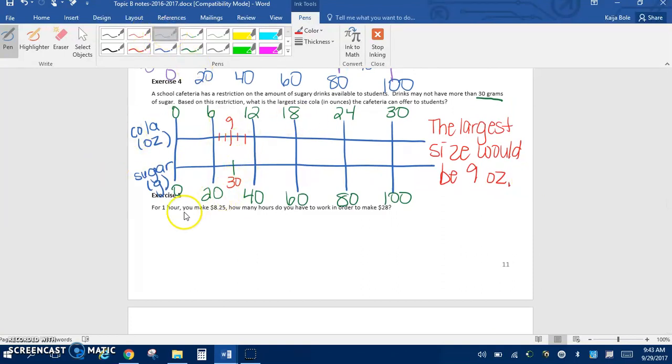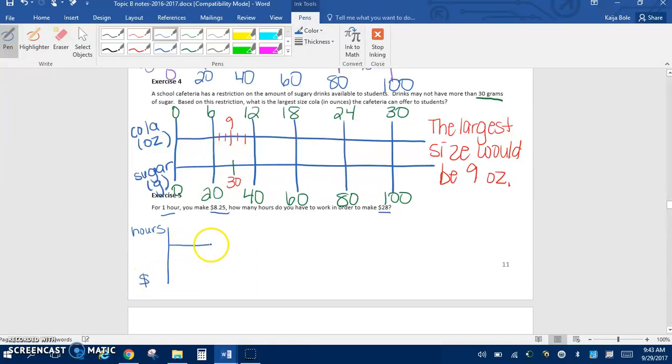It says, for every 1 hour, you make $8.25. How many hours do you have to work in order to make $28? We're drawing our double number line first. Our labels now: we're going to have hours on the top and money on the bottom.